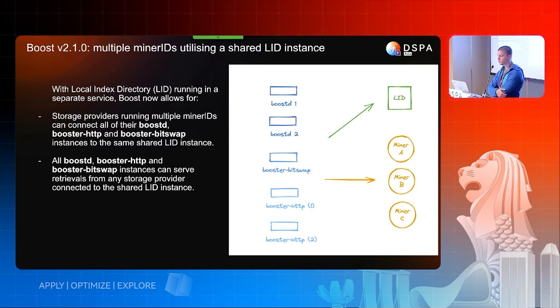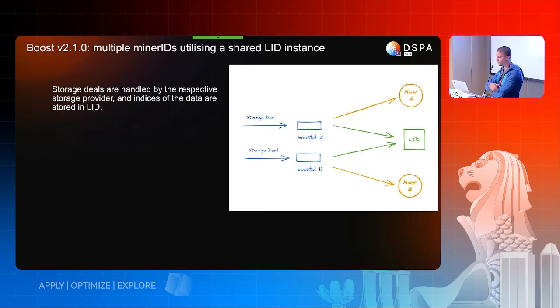So you can provide data from one SP that's stored on a different miner ID. And storage deals are handled with the respective storage provider, but all the indices are stored within the shared local index directory. That makes it very easy for organizations that hold multiple miner IDs to have common infrastructure and fewer processes to look after.